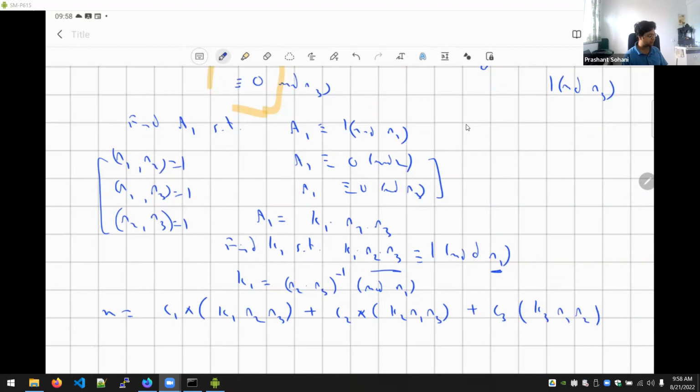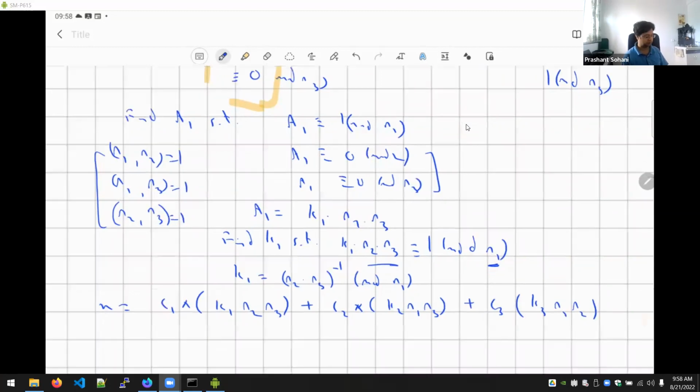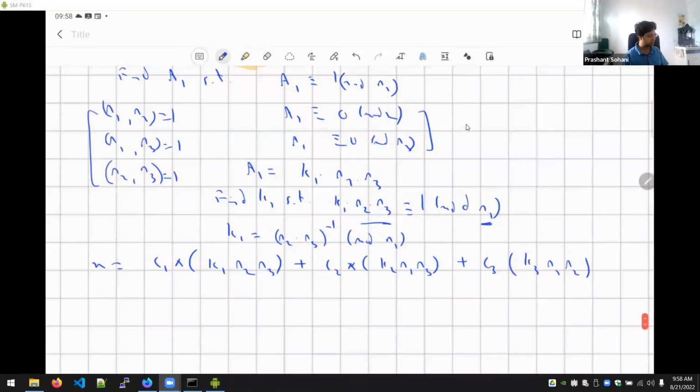In each case, K1, K2, K3 are the respective multiplicative inverses. So K1 is the inverse of N2, N3 mod N1. Similarly, K2 will be the inverse of N1, N3 mod N2. And K3 will be the inverse of N1, N2 mod N3. But do you see that this expression exactly works like a Lagrange 0, 1 block?